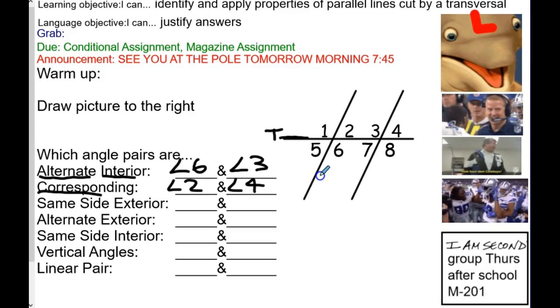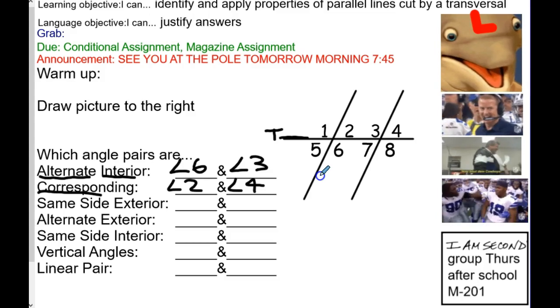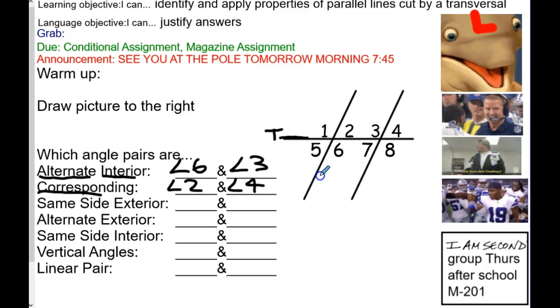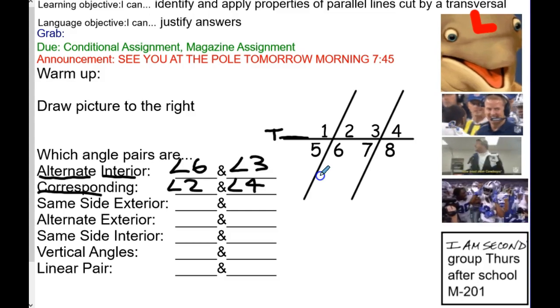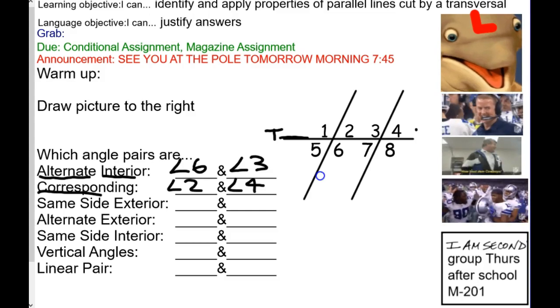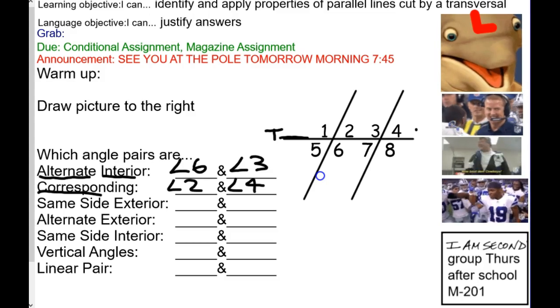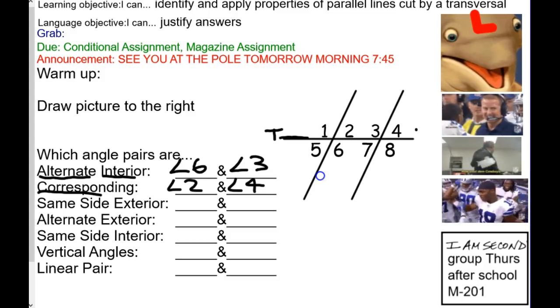So 1 and 3, same position, shifted over, right? One's in, one's out on the same side. What's corresponding to 4? We already did that one. 2. So 1 and 3 are corresponding. 2 and 4 are corresponding. 5 and 7 are corresponding. 6 and 8. You should be able to label corresponding angles, right?